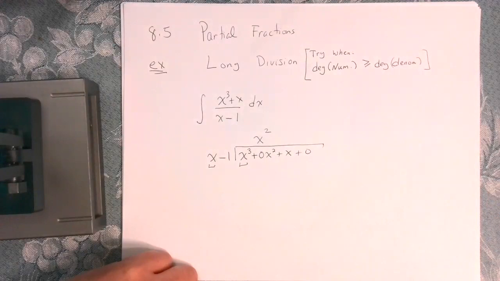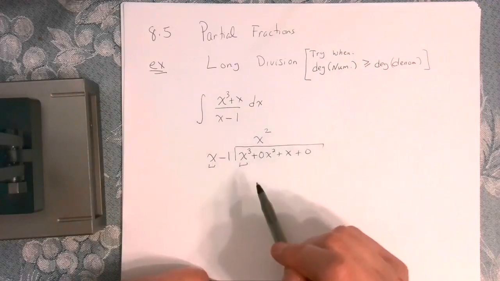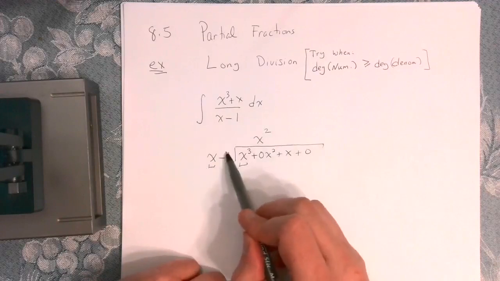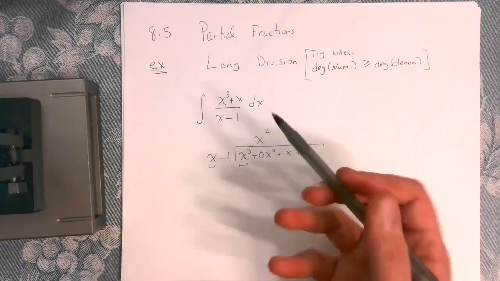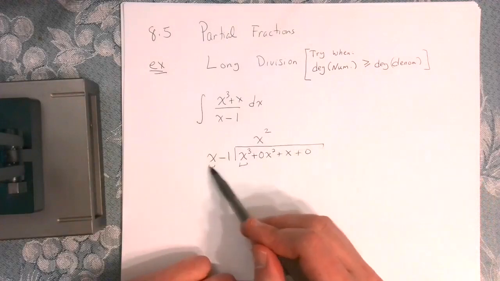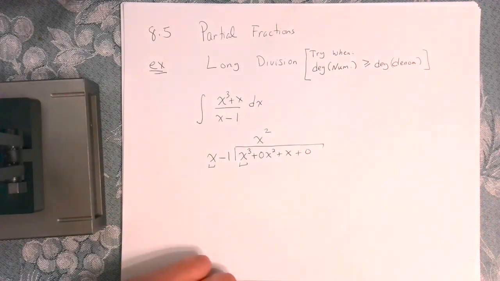Okay, and just like when you divide numbers, you're going to distribute or multiply, then subtract. Because really what you're doing is taking this many groups of this from this. Even if it involves abstract x's, we're still taking this many groups of this from this. So you multiply and then subtract.